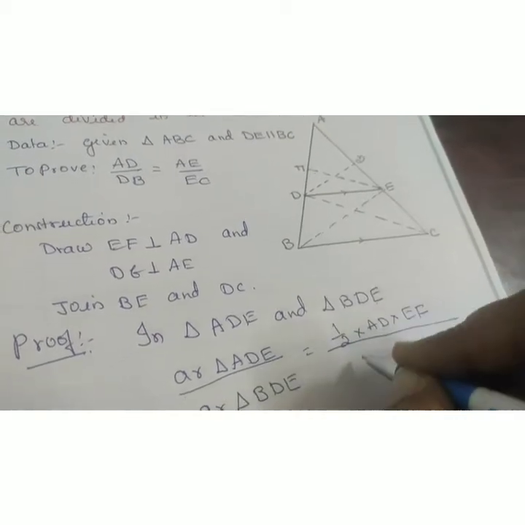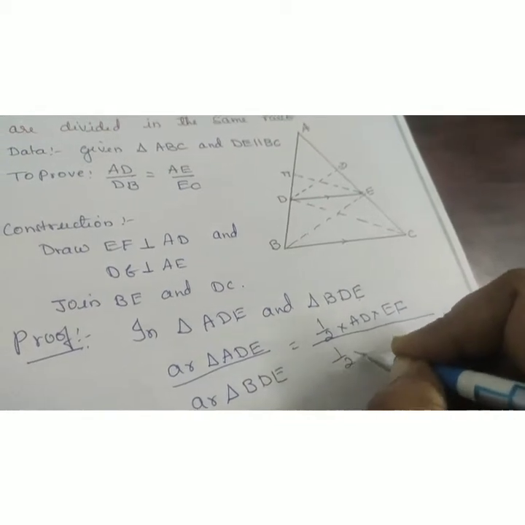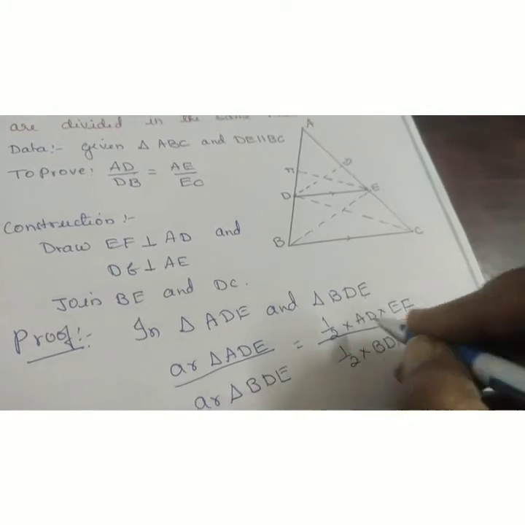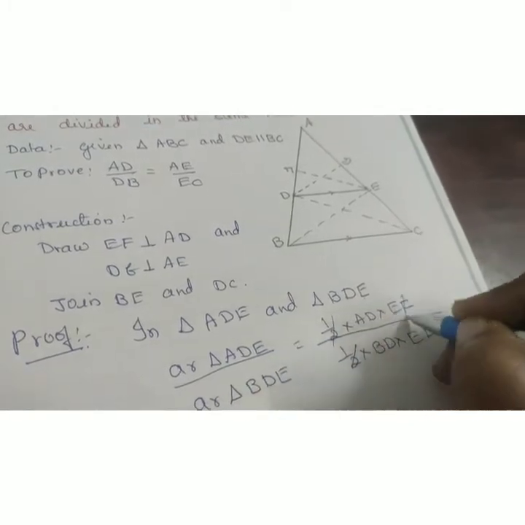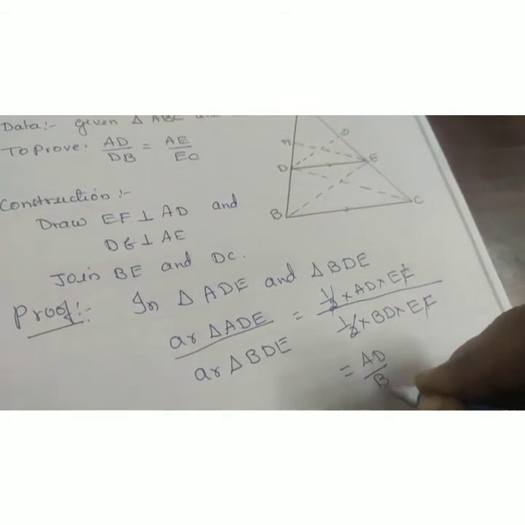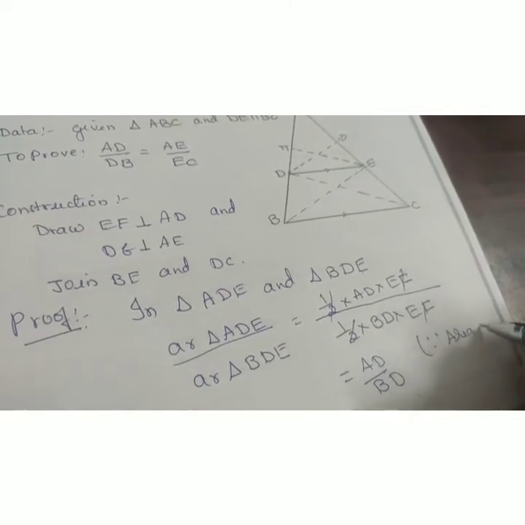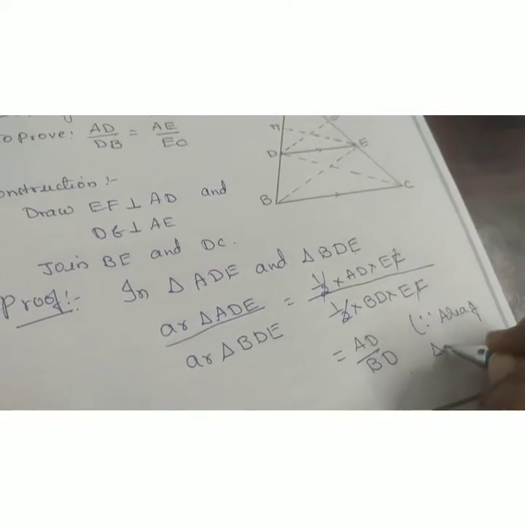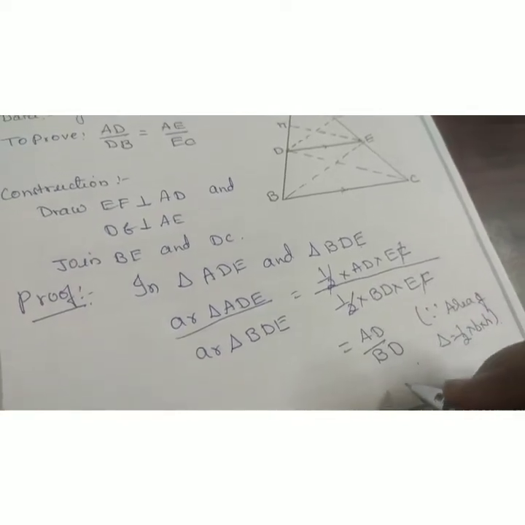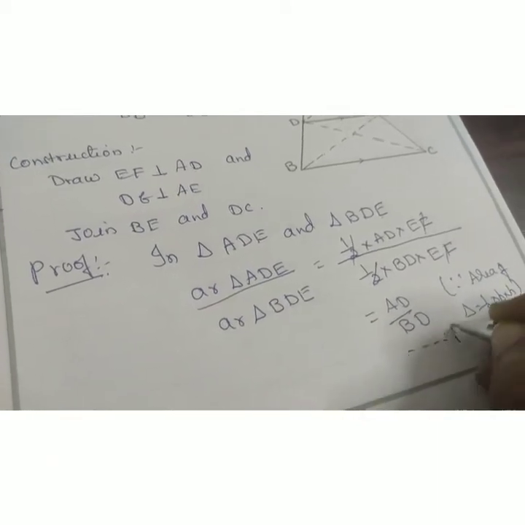Similarly, for triangle BDE, half into BD into height EF. So the half will cancel and what is left here? AD by BD. This is because area of a triangle is equal to half base into height. So let us take this as our equation 1.